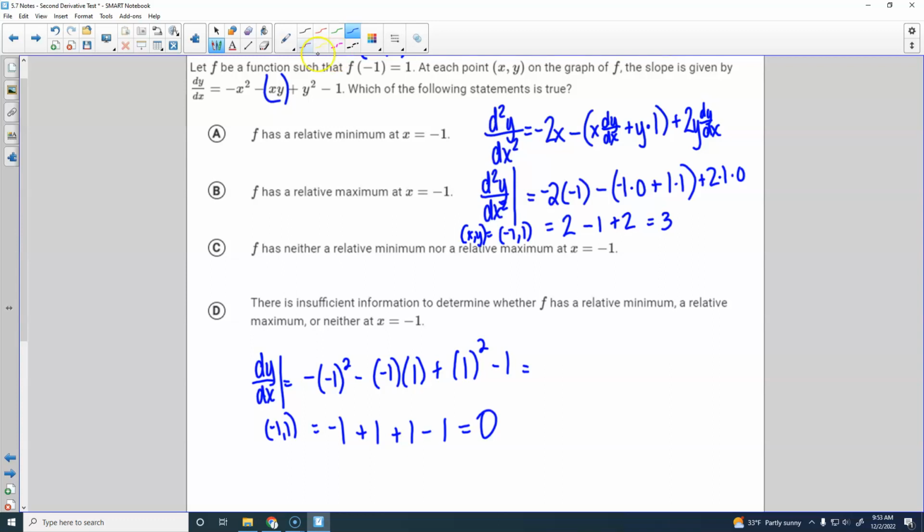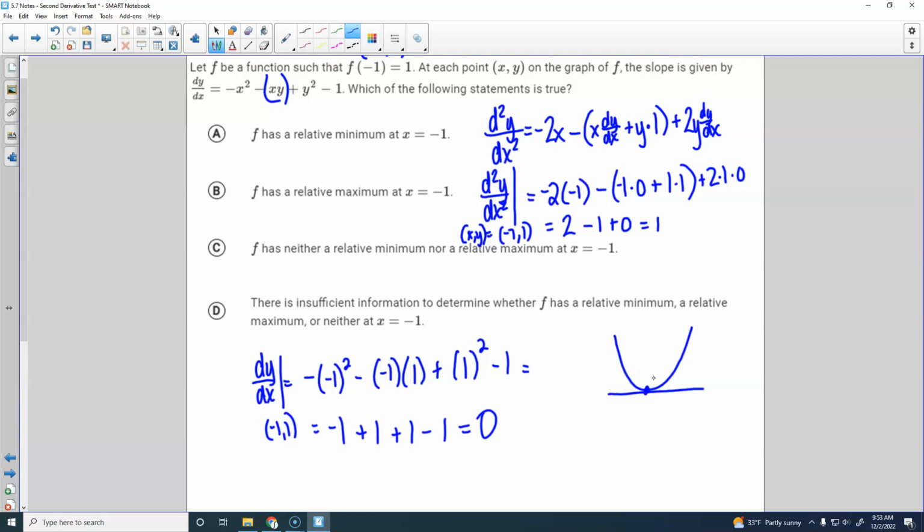No. Take that back. It's still going to be positive, but this is 2 times 1 times 0, so that's 0 right there. So we get a plus 0, so we get 1. So we have found the second derivative is positive, which tells us that our function is concave up there, and we have a relative minimum at that point.